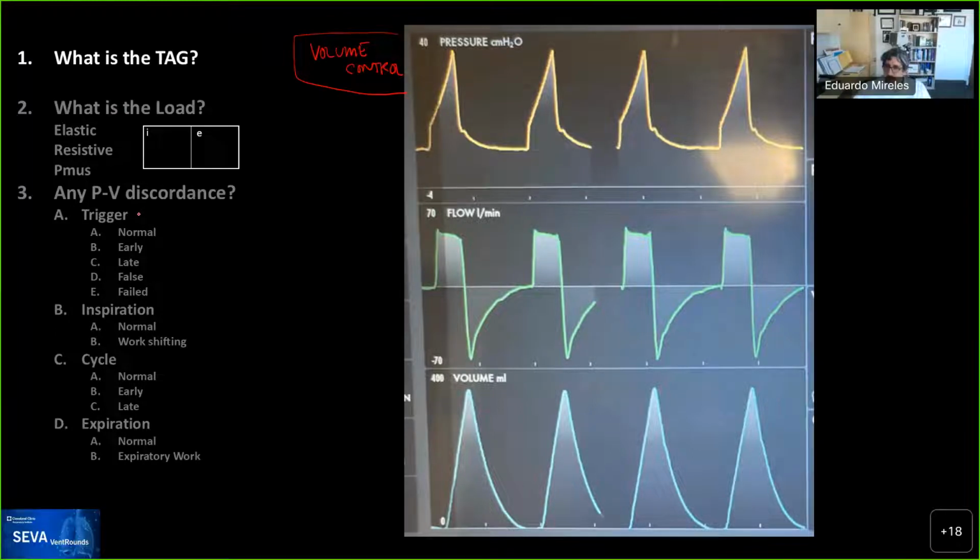Each one of them is not targeted by the patient, so immediately all the breaths become mandatory. We also see the classic waveform that we would see on volume control, a square waveform, in which we see a rapid rise on the pressure waveform and a constant rise on pressure, although this patient has some other issues, and then the breath ends. And the flow is constant throughout the inspiration.